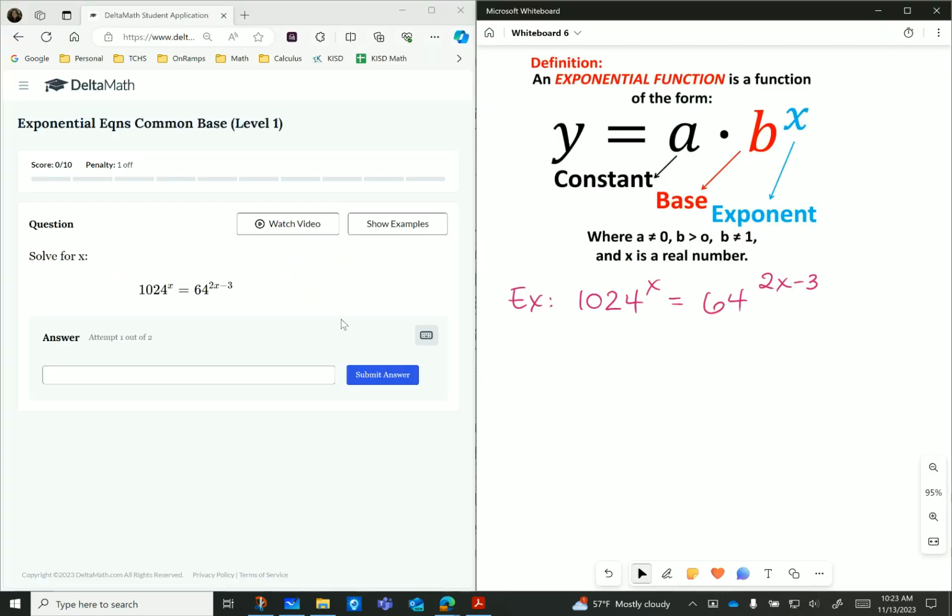So coming back here to our problem, 1024 to the x power equals 64 to the 2x minus 3 power. So our bases are 1024 and 64. So what I want you to do is go to your power chart, and I want you to find the numbers 1024 and 64.